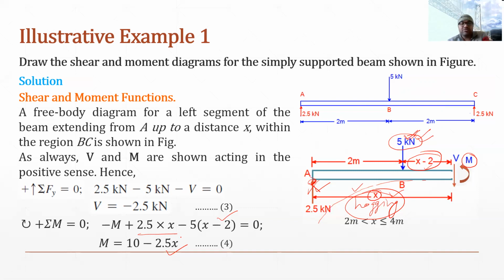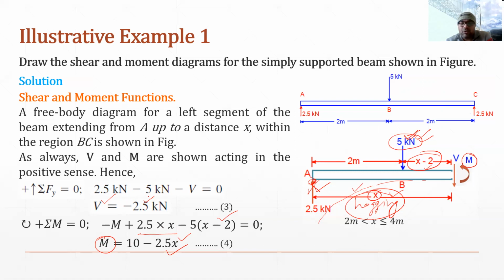Now you can observe that M in segments AB and BC is a function of x, which means it is dependent on x, while in the case of V, equations 1 and 3, the value is not dependent on x.